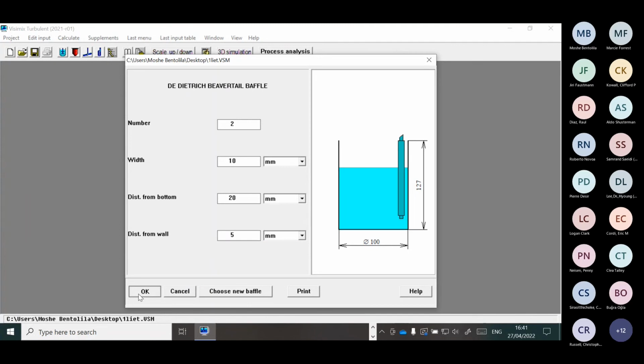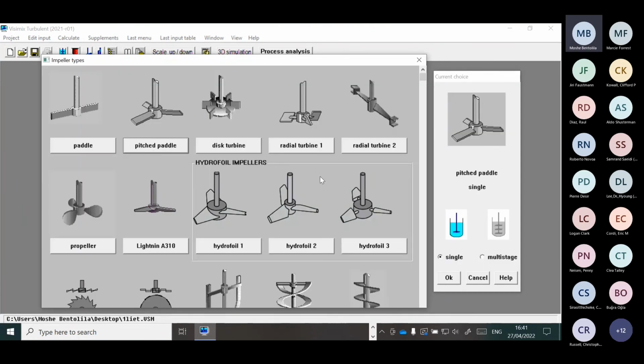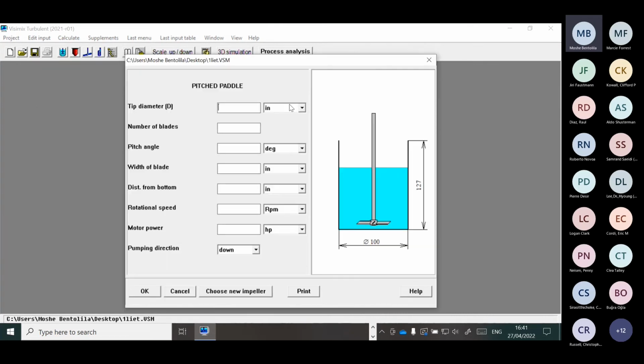Okay, and the typical equipment, a pitched blade impeller in the lab, was enough for us. Of course, we can do multi-stage, different stages, all of this we can do, but in a simplified way, we have a pitched blade. Let's say that the diameter of this pitched blade is about 50, and we have 4 blades, 45 degrees. The width of the blade is 10.